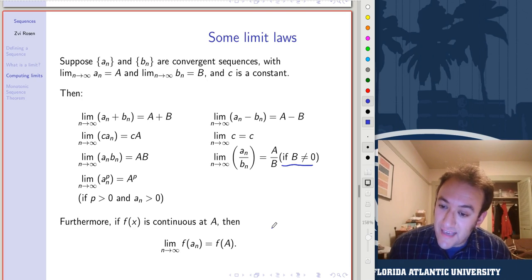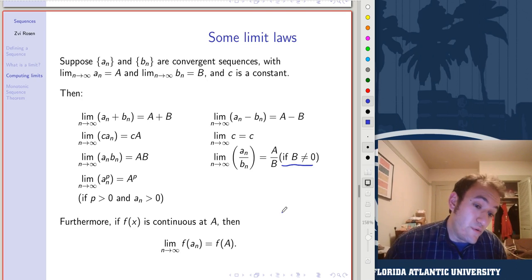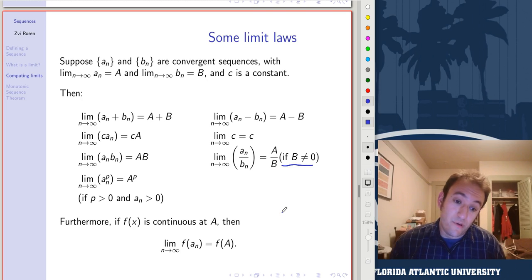If you're trying to compute a pth power, where p is some positive number, and you also have the condition that all terms of the sequence a_n are positive, then the limit of a_n to the p is equal to A to the p. Okay, you can just apply the power to the limit. It's the same as the limit of the sequence raised to that power.